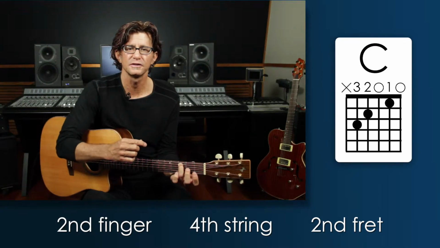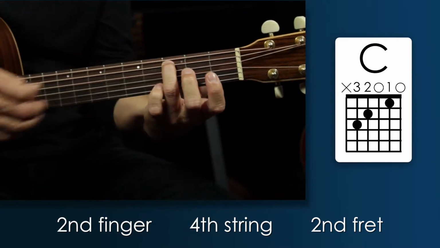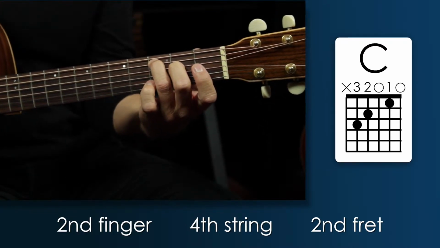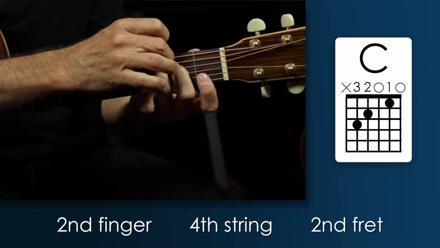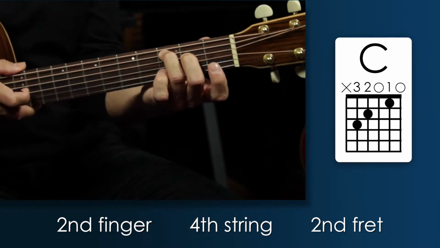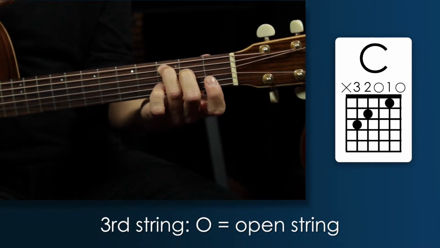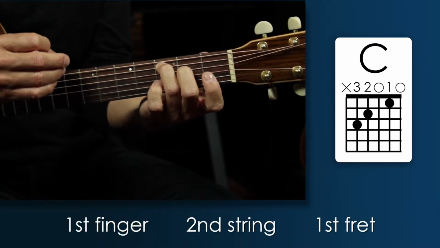All right, let's move on to the 4th string. We're going to take our 2nd finger, and we're going to, on the 4th string, put it on the 2nd fret. So again, using the tip of your 2nd finger, you're putting it on the 4th string behind the 2nd fret, right snug up against the fret. Next, on the 3rd string, there's an O, so that means that it's open. Then we have the 2nd string.